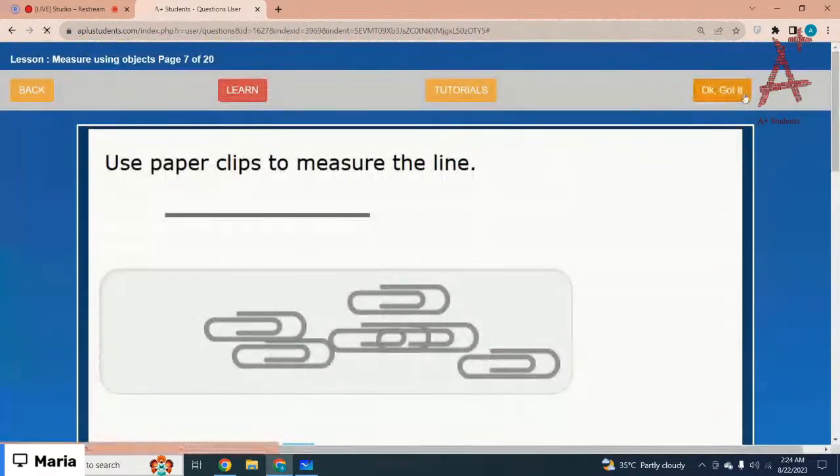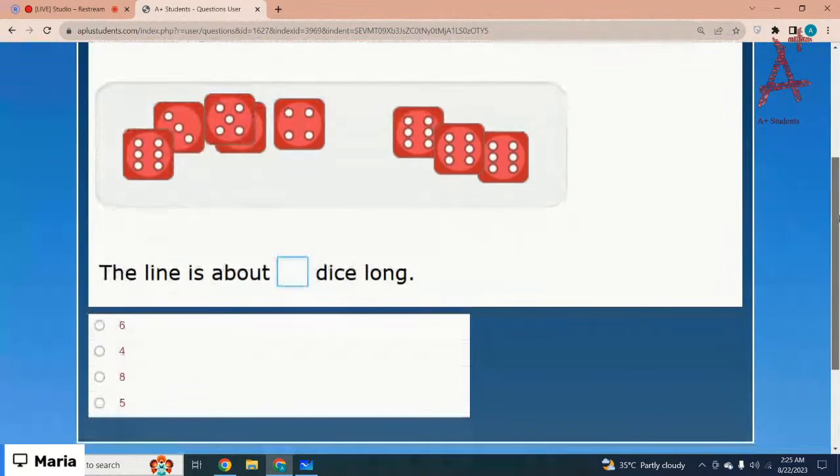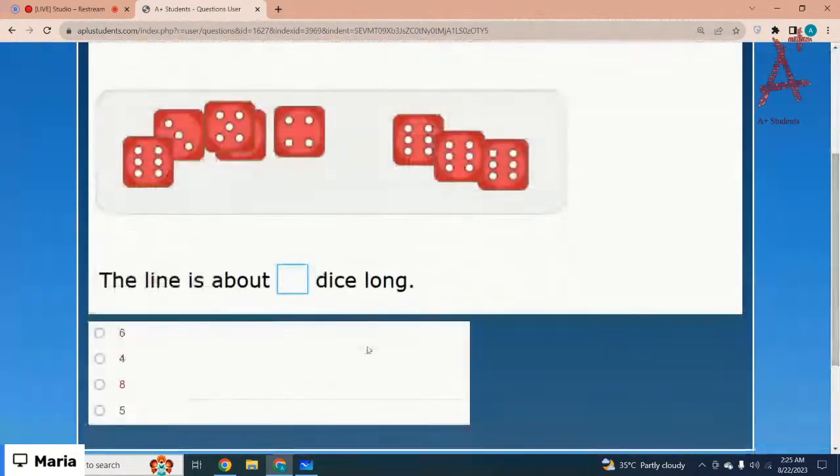Yes, it is 2 paper clips long. Use dice to measure the line. Which is the correct option? That would be 5 dice long, right? The correct option is 5.